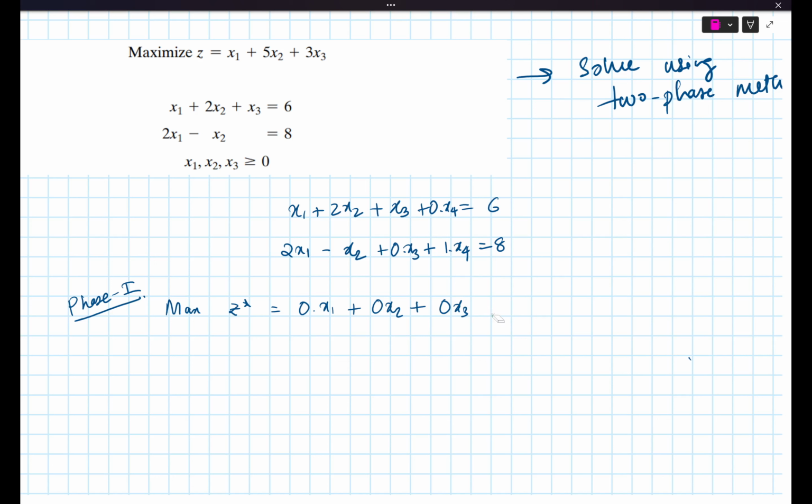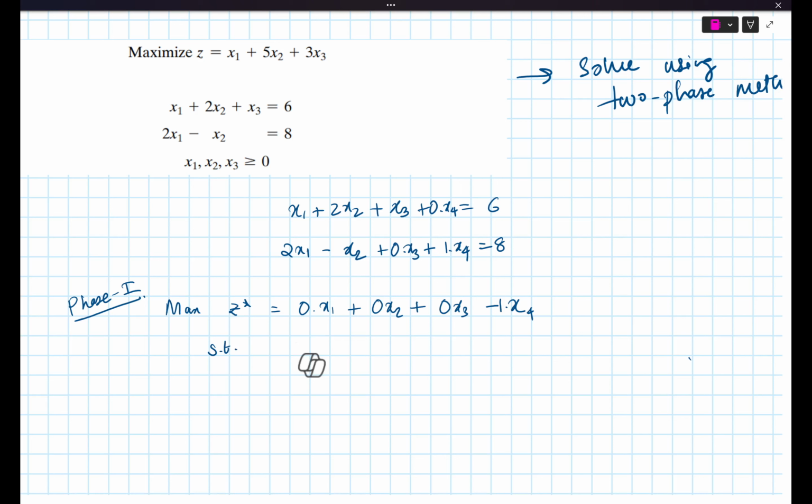For that we give minus 1 times x4, and we have the constraints subject to x1 plus 2.